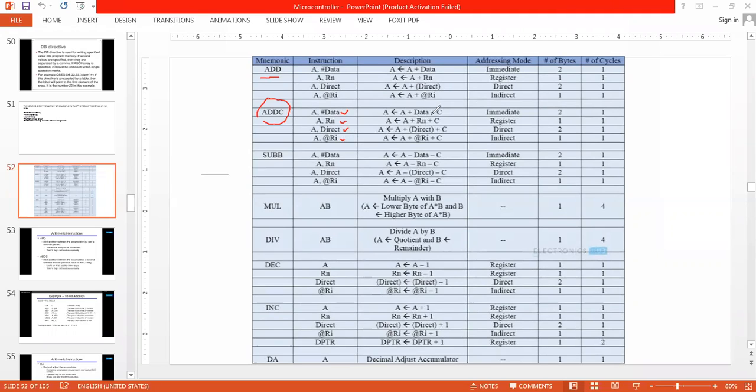Okay, but in all the operations, the carry bit is there, no? PSW.7 CY flag, carry flag, a single bit. That single bit is also going to be added along with these two data. Okay, the carry flag is also going to be added.